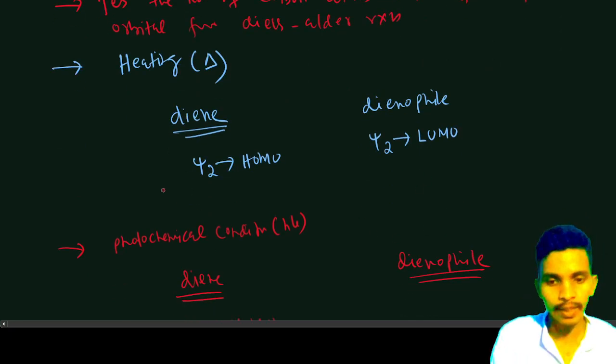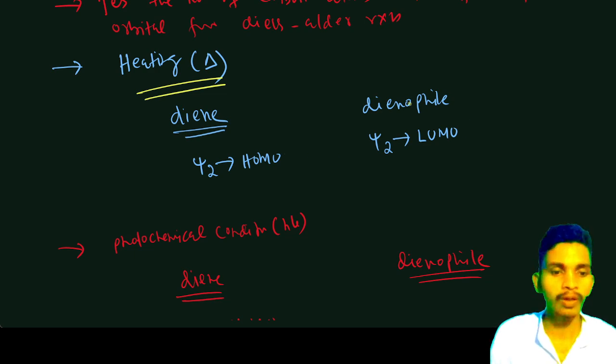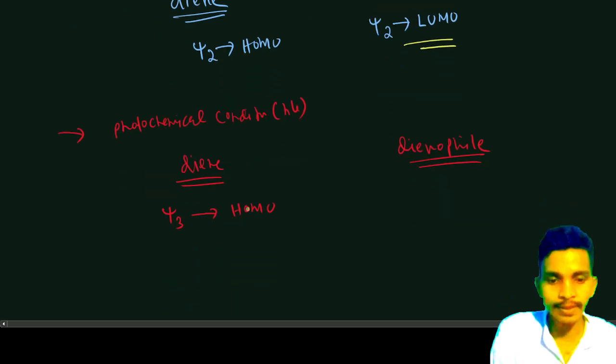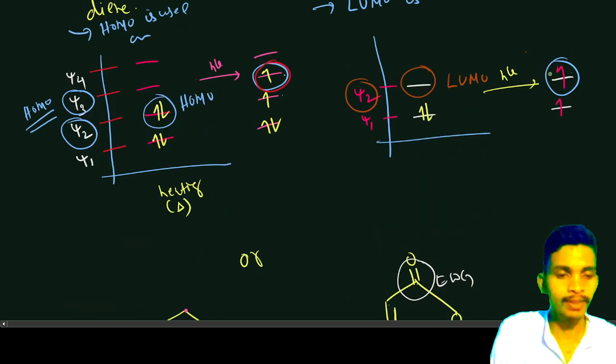So here we see that for heating psi 2 is the HOMO, and for dienophiles psi 2 is the LUMO, and for photochemical conditions psi 3 is the HOMO, and for dienophiles again psi 2 is the LUMO.